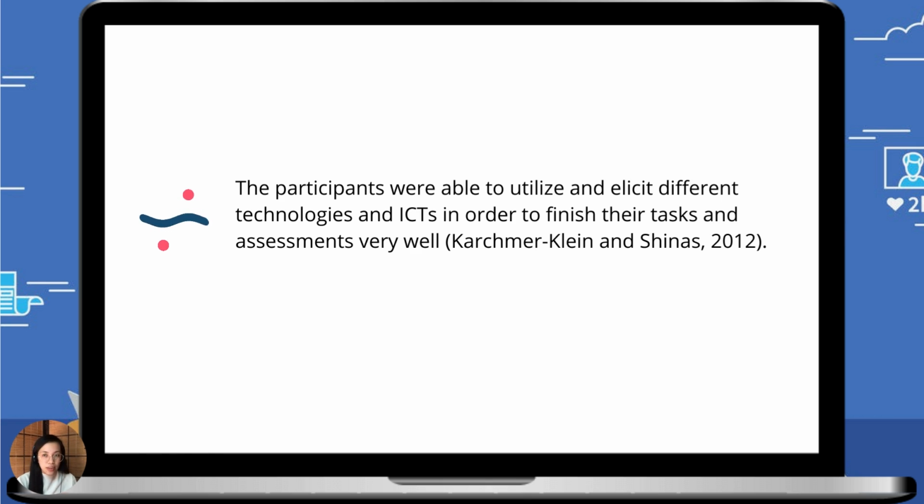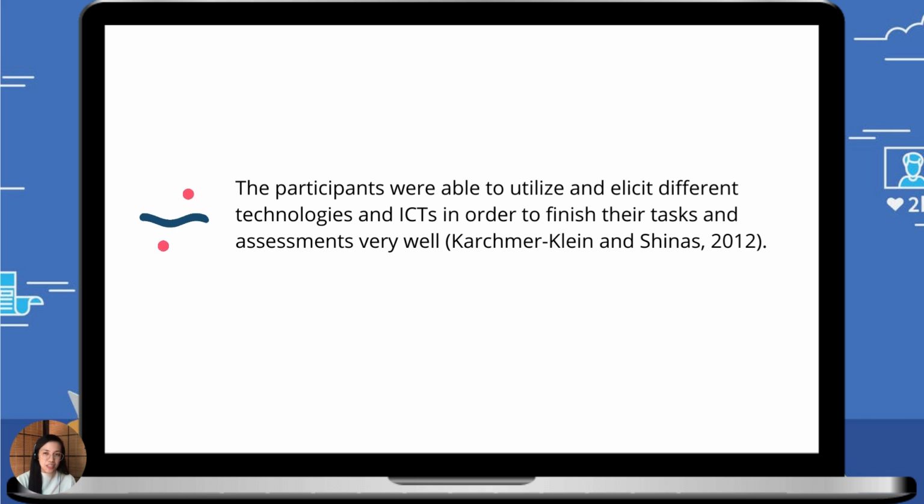Conversely, the current finding does not support the previous research by Koiro in 2014, where it was revealed that students are found to be more technologically savvy outside of school, but not for academic purposes.